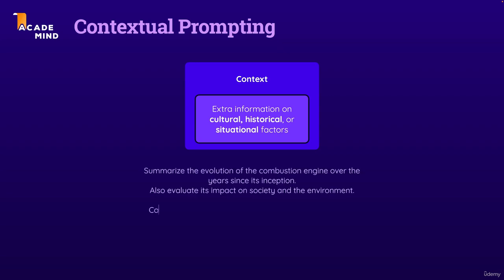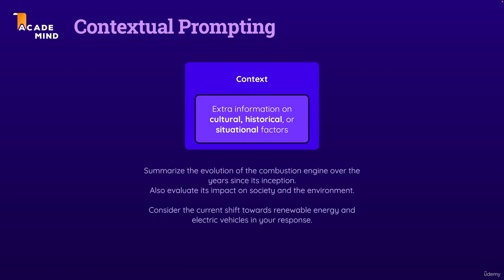For example, you could have a prompt like this. Here, I want ChatGPT to generate a summary of the evolution of the combustion engine over the years since its inception, but I also specifically want ChatGPT to take the current shift towards renewable energy and electric vehicles into account.